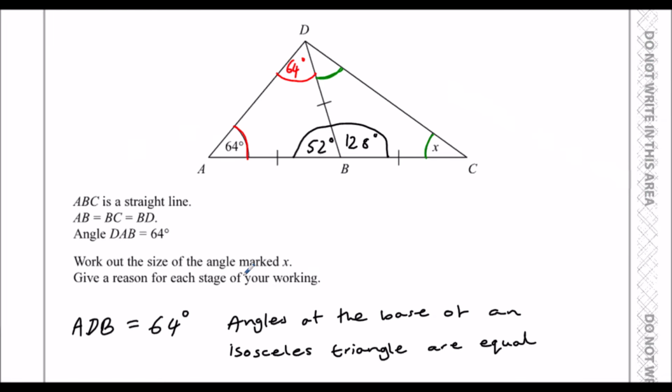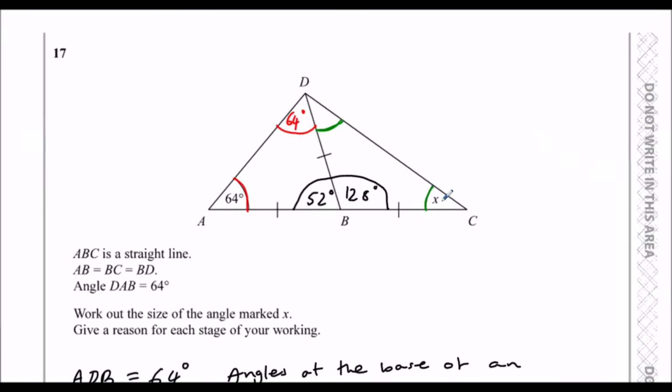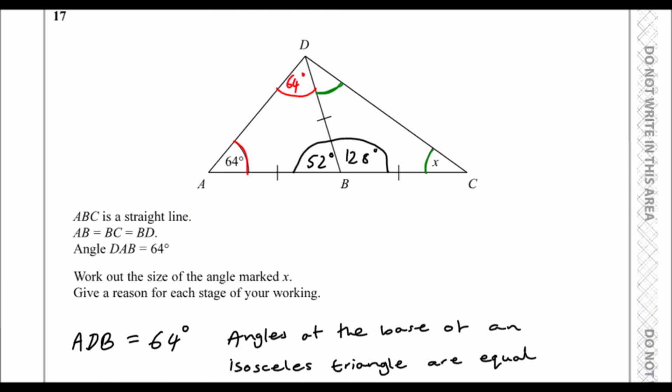And then we can use the angles at the base of an isosceles triangle are equal again. So the angles in this triangle have to add up to 180. So 180 take away 128 will give us what's left for the two green angles. To find out what each one is worth, we can half it, because they must be equal.